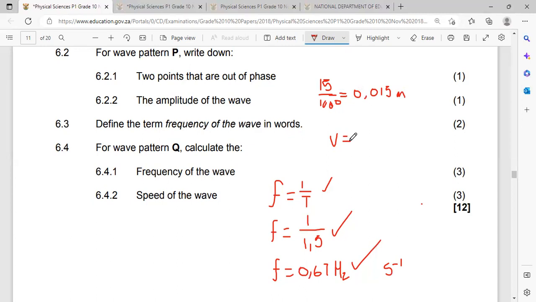So in this situation, you can use the speed is equal to wavelength divided by period formula. But since you have your frequency, you don't have to use the period formula. You understand that? Yes. So you can just say speed is equal to your wavelength multiplied by your frequency.